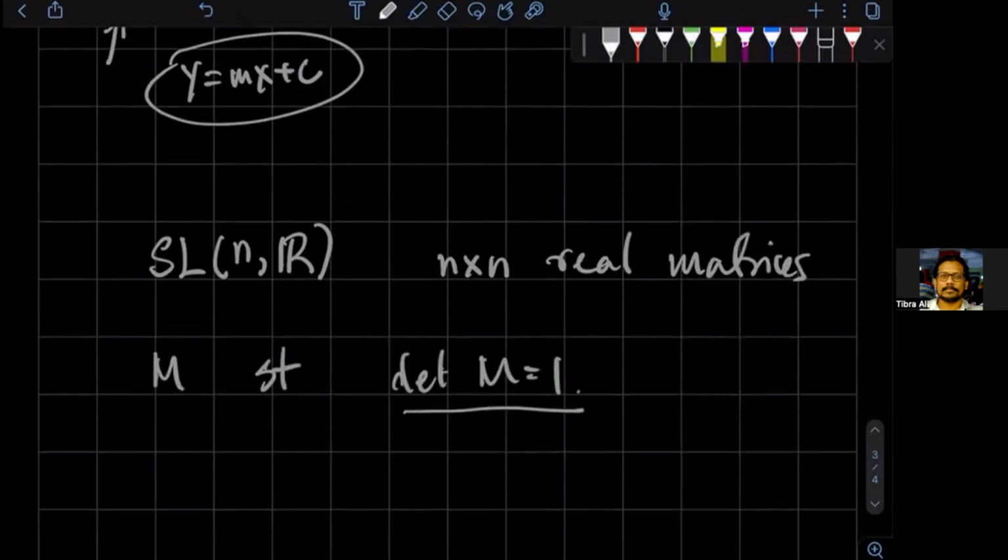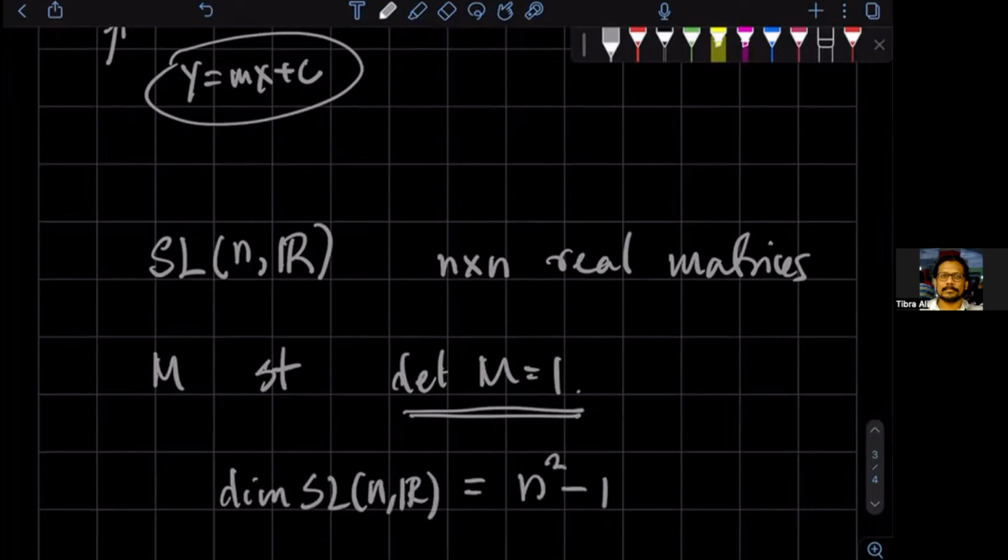And of course, this is going to eliminate one of the variables, right? And so the dimension of SLNR is going to be n squared minus 1.